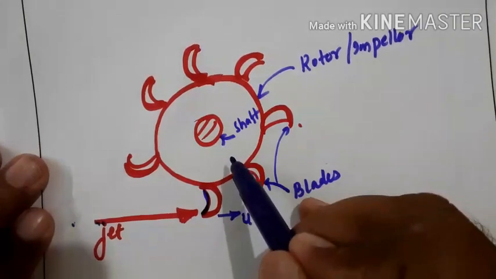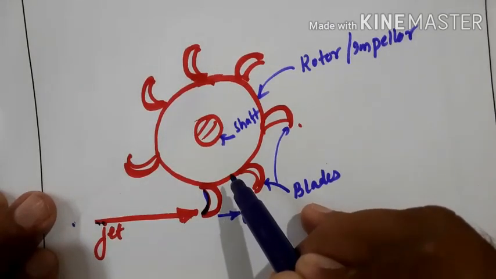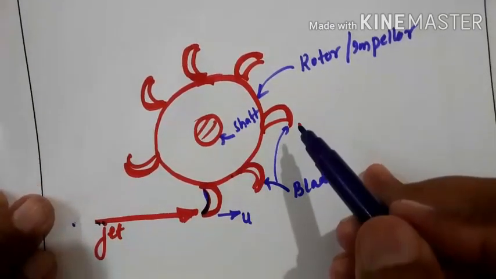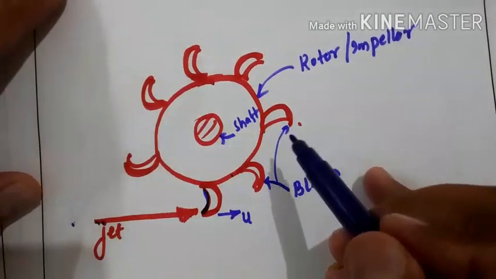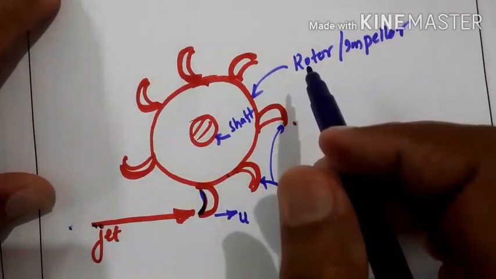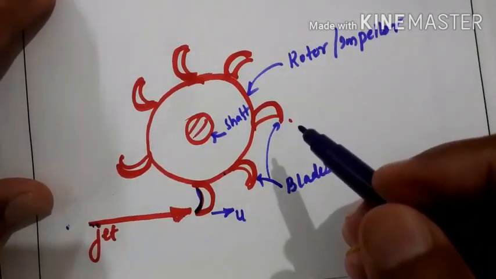And if we have to do some analysis, we have to see how the fluid velocities are changing at every stage, and what are the different components of the fluid velocities.